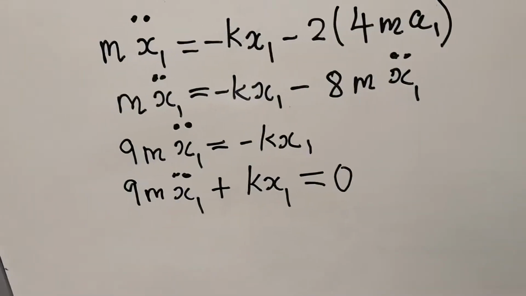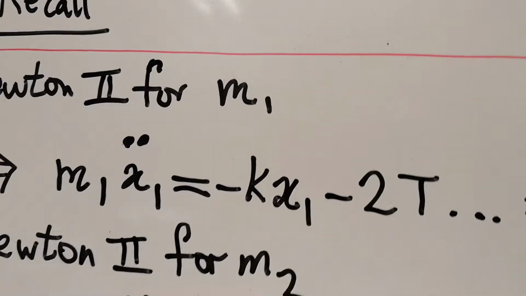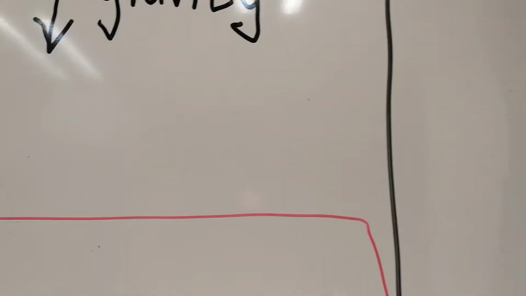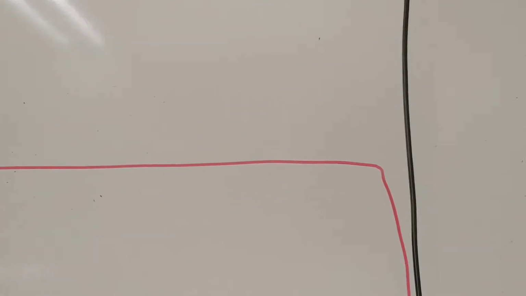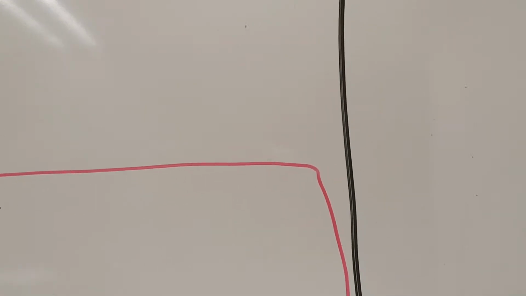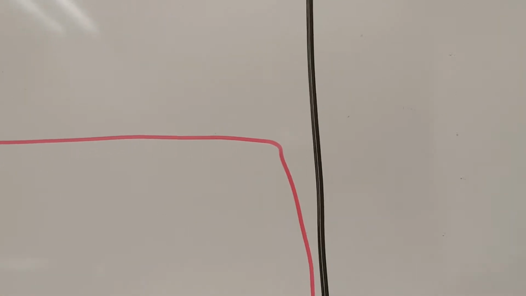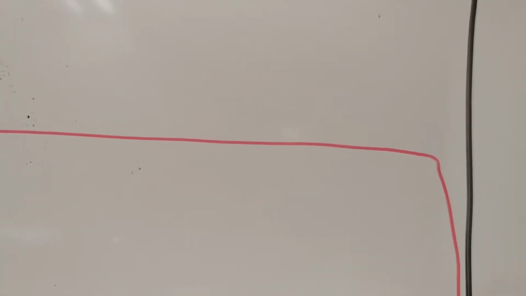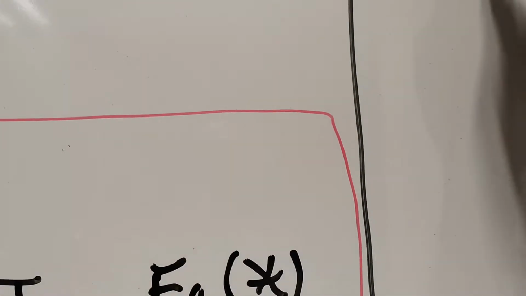Now, if we compare this to an equation in the standard form, what is our standard equation? We have a mass connected to a spring. Usually there is a damper, which we'll disregard in this particular problem.